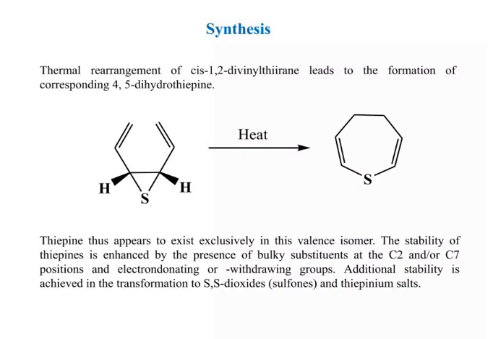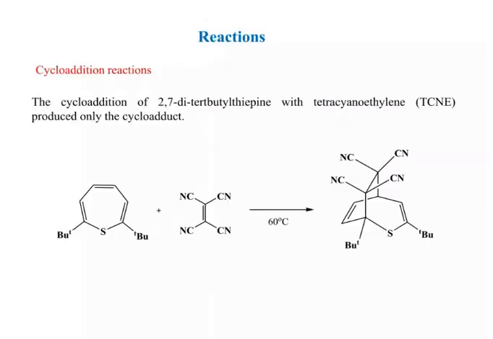The stability of thiepine is enhanced by the presence of bulky substituents at the carbon 2 and carbon 7 positions and electron donating or withdrawing groups. Additional stability is achieved in the transformation to S,S-dioxide sulfones and thiepinium salts. So simply you have to practice these conversions of open to ring system.